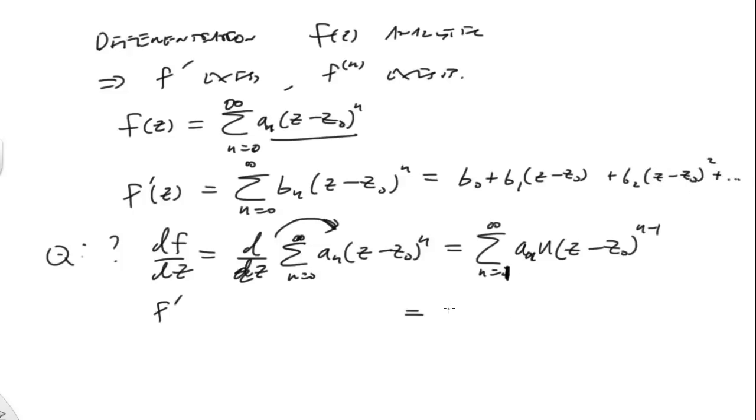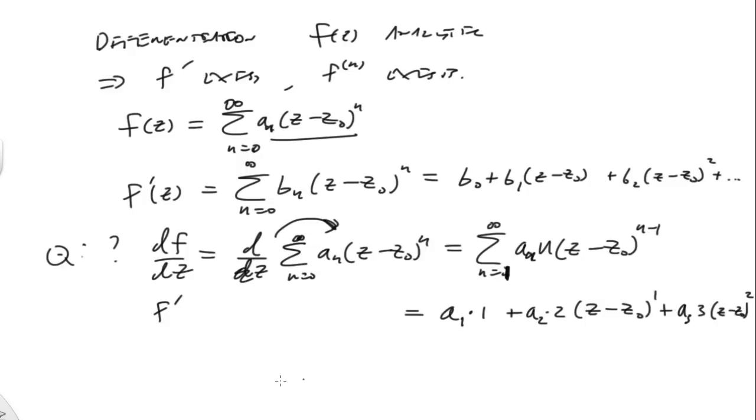And this is, of course, going to be a1 times 1 plus a2 times 2 (z minus z naught) to the first power, plus a3 times 3 (z minus z naught) to the second power.